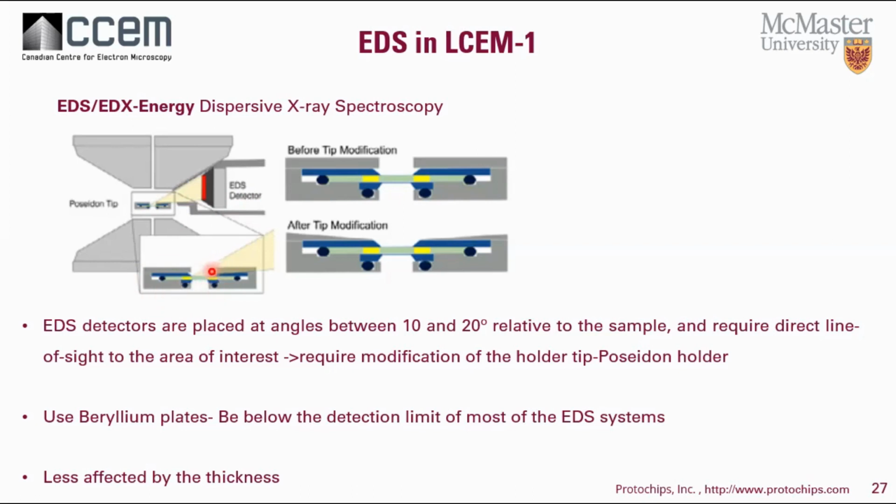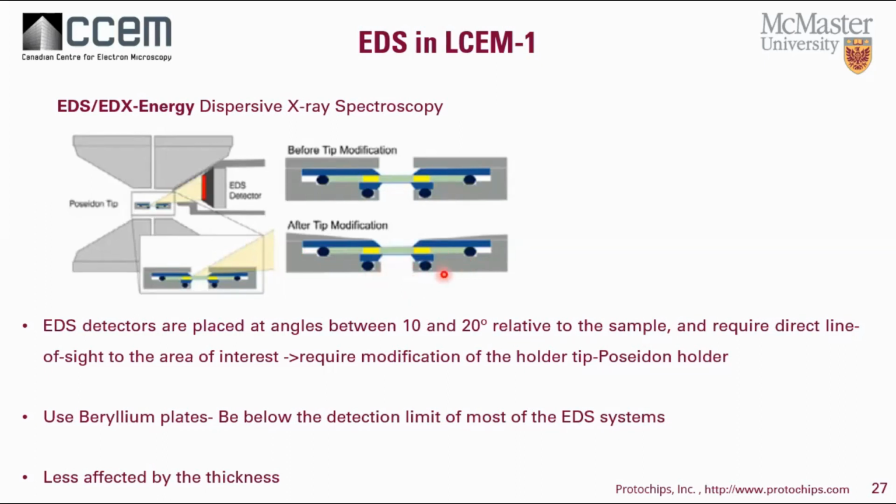The yellow area here indicates the path the X-ray needs to take to be detected. With the initial design, the X-ray could not go in the right direction from the holder.